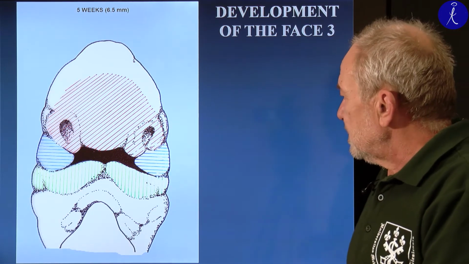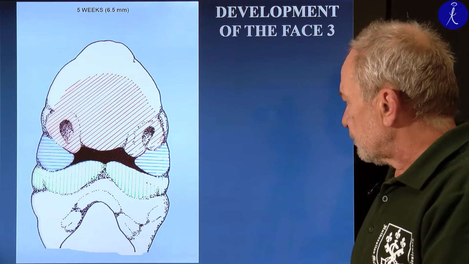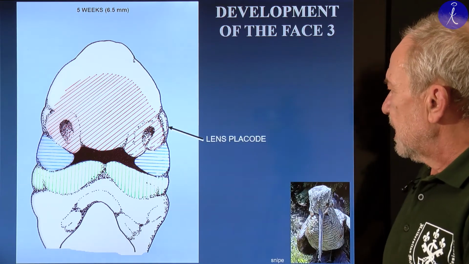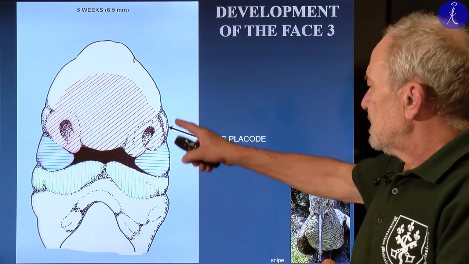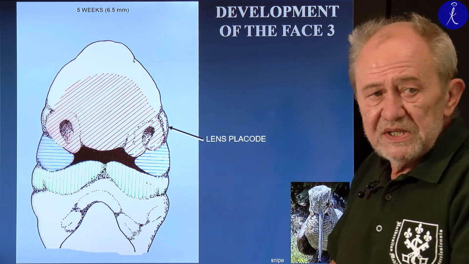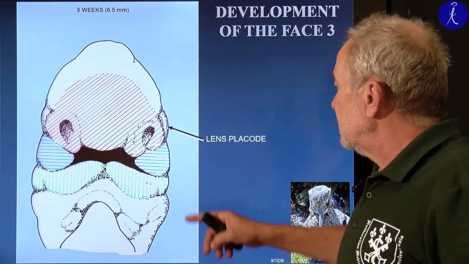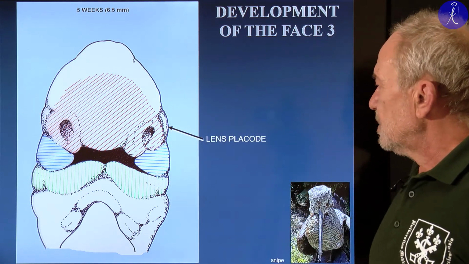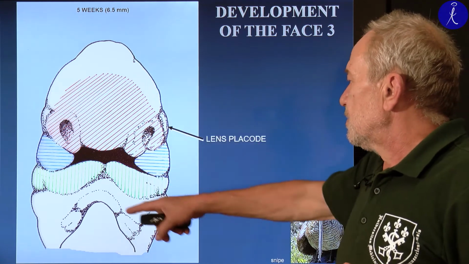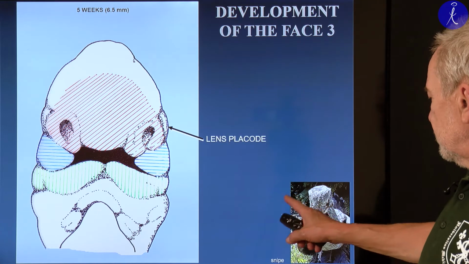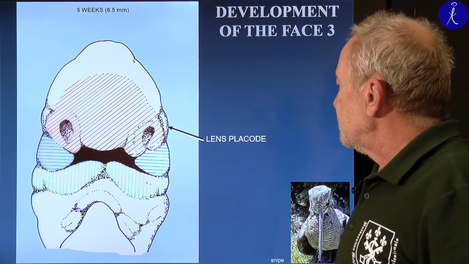At the 5th week, you can see that the nasal placode gradually gets depressed, as the other parts of the placode appear on the surface of the face, but fairly laterally located are the lens placodes. Therefore, at this stage, the embryo resembles this beautiful bird, the snipe, having the two eyes facing laterally.